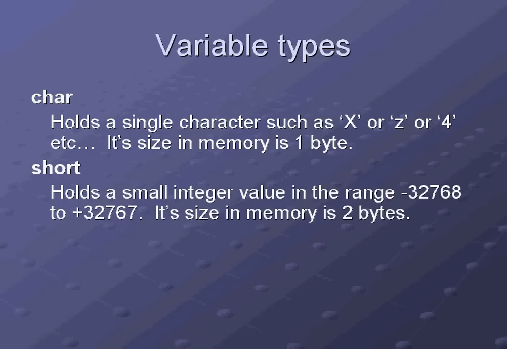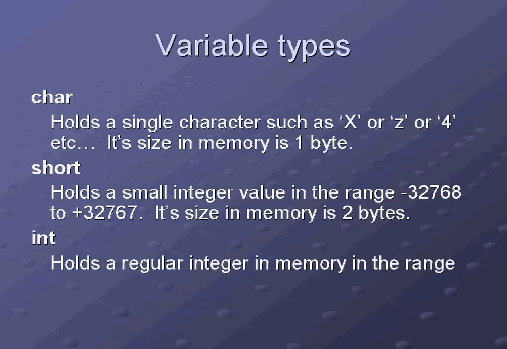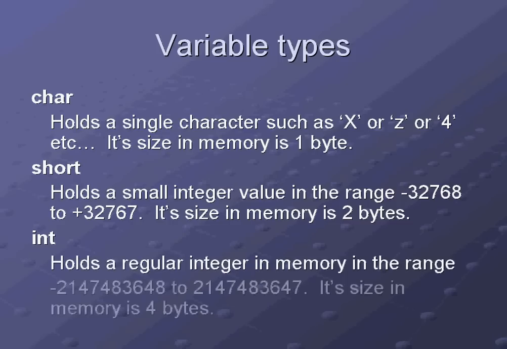And now we have an int, which is probably the most common data type you'll see. It's a regular integer in the given range, which is approximately 2 billion plus or minus, from what I could see. Its size is 4 bytes.